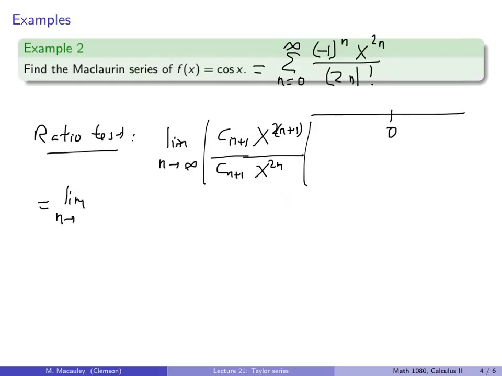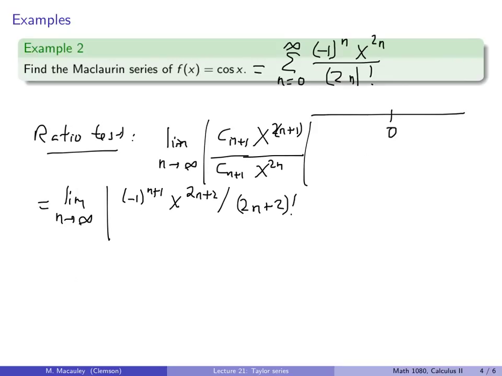So n goes to infinity of, okay, (-1)^(n+1) x^(2n+2) over (2n+2) factorial.